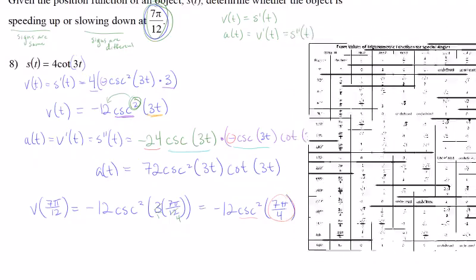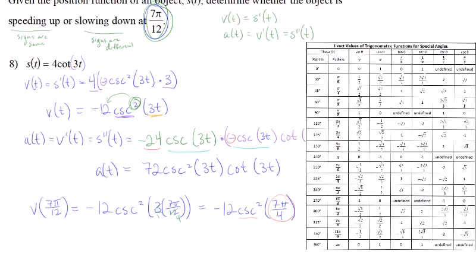I'm going to put negative root 2 in here, and I'm going to square it, because this square applies to that whole value. So cosecant of 7 pi over 4 is negative root 2.